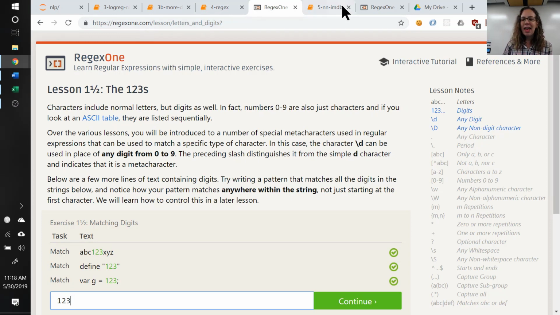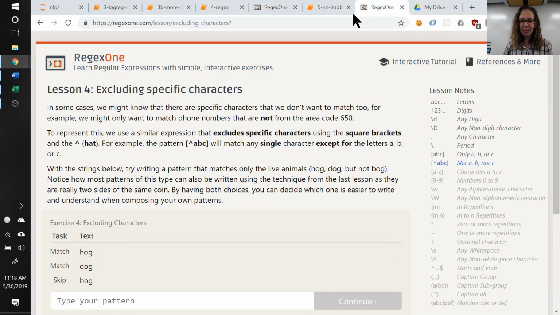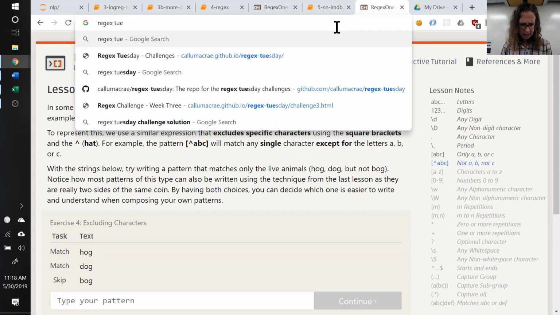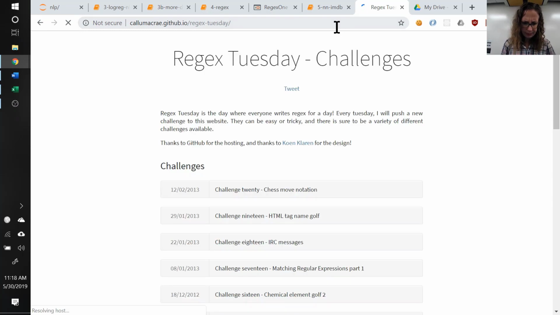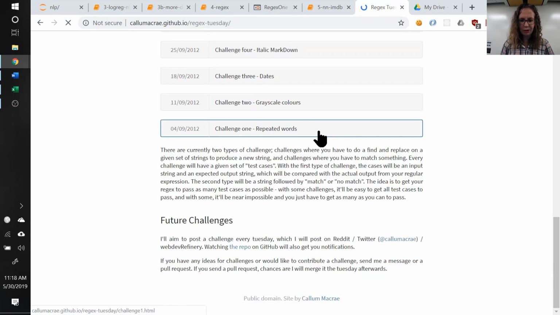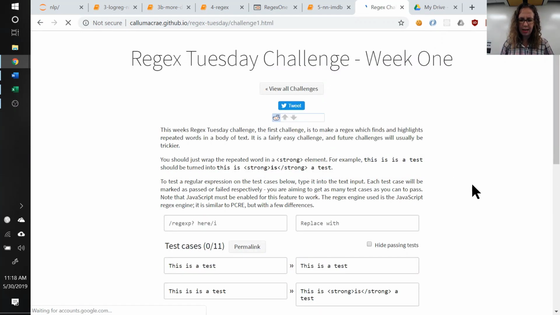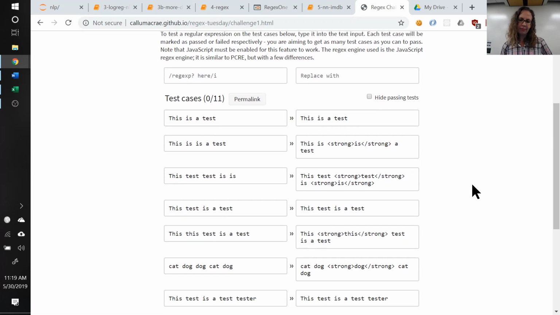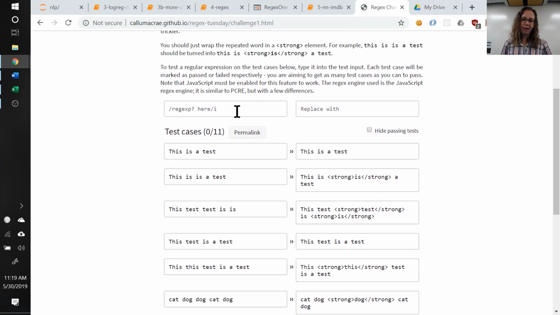If you're more advanced with Regex and want something a little bit harder, I think it's Regex Tuesdays. You can try Regex Tuesdays, which are a little bit more challenging ones. And here's what's neat, they have test cases, a greater number of test cases of what you want to hit or not.